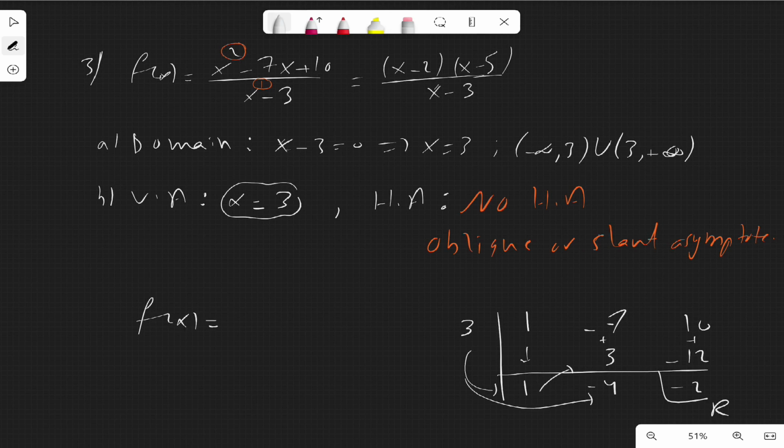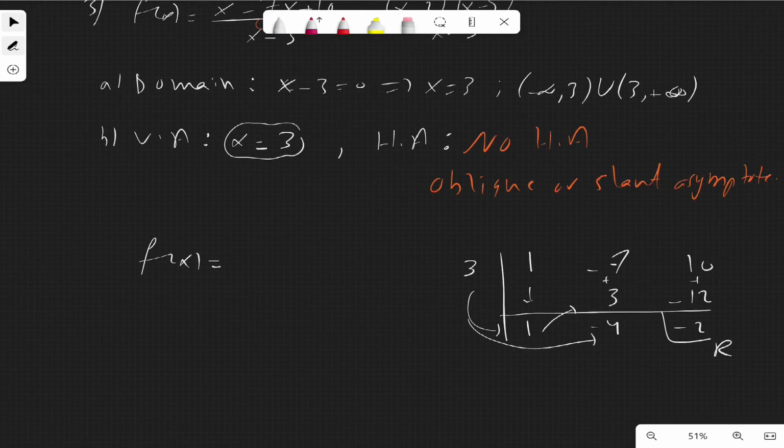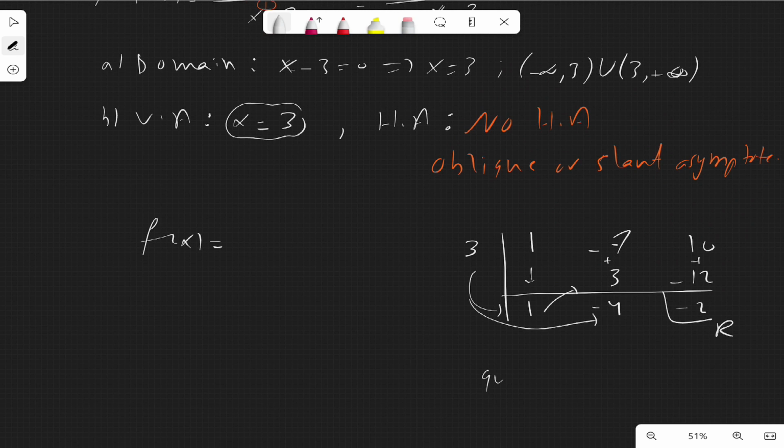So f of x can be written as the quotient, which is 1 multiplied by x minus 4.